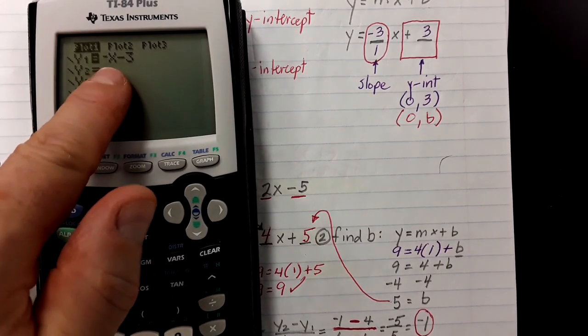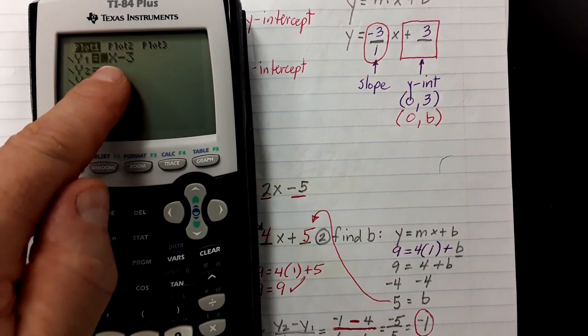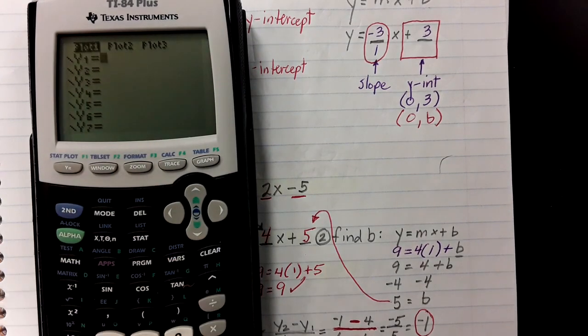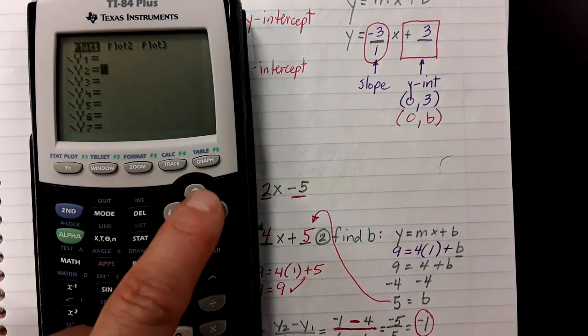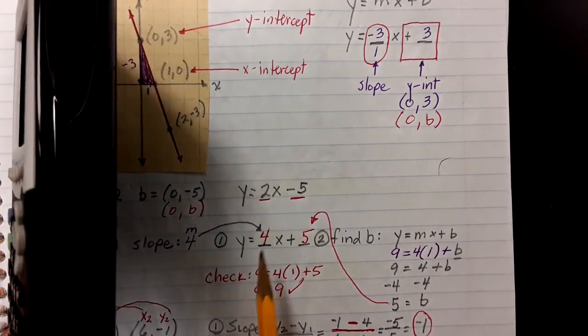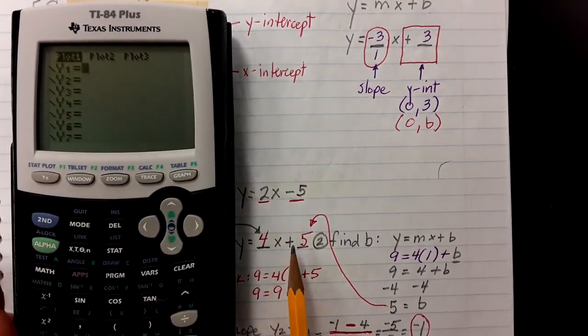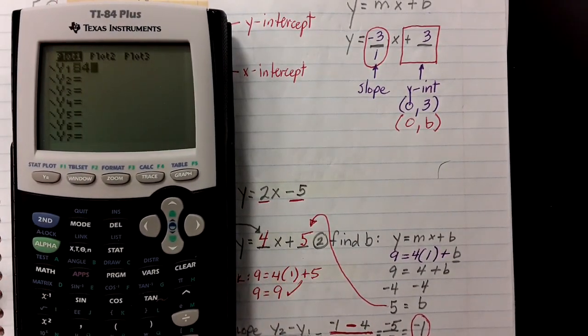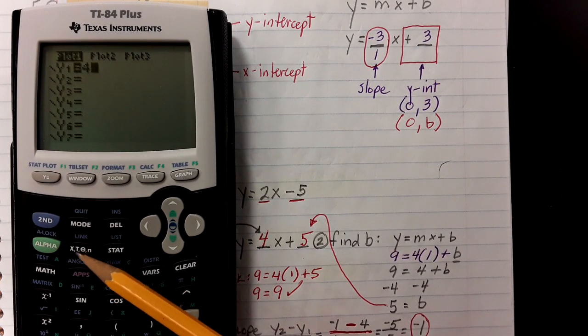So do you have any equations in there right now? Okay, if you do, hit clear, enter. And then go back to y1. Everybody there? I want to put in 4x plus 5 right here. So put 4. X is right here next to alpha.